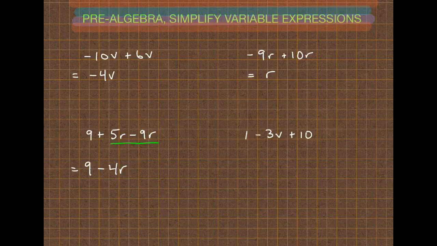Next one, same thing again. We have a constant here and a constant here. And then in the middle we have our constant with a variable. So we're going to say that 1 plus 10, that gives us 11. And then -3v just kind of is by itself.